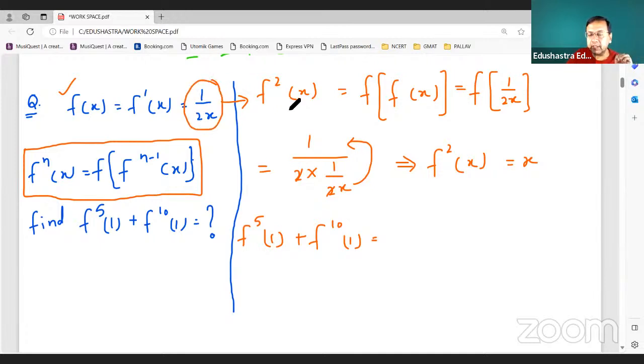Right? And if the even indices, what is the value? x. So this is what? 1 by 2x plus x. Right? And what is x? 1. So put this value, 1 upon 2 into 1, plus 1. So this is coming out to be 1.5. This is nothing but 3 by 2. This is my final answer.